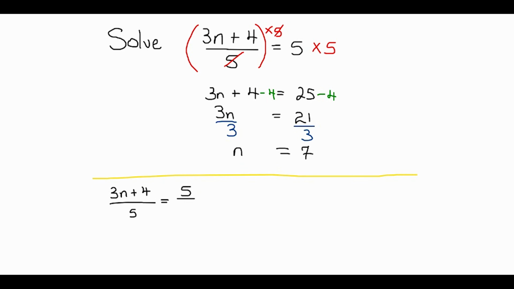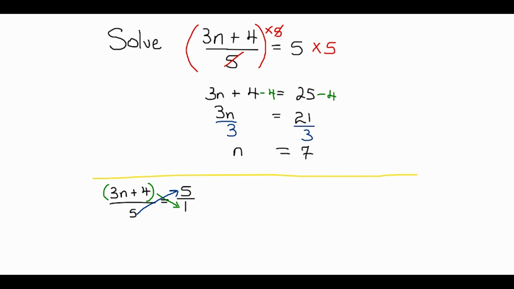I can express this whole number as a fraction where its denominator is 1. Now the concept of cross multiplication means that I'm going to multiply opposite numerator with denominator. In this case, I'm going to multiply my numerator of 3n plus 4 by the denominator of 1. And then I'm going to multiply my denominator of 5 with my numerator of 5.